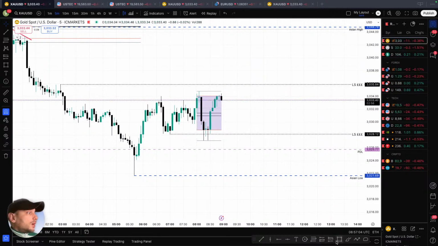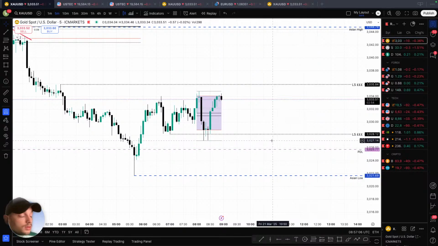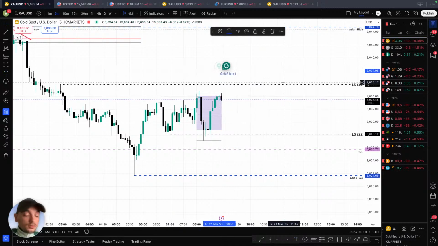So let's say you have a 10,000 account. I know this is very hard in the beginning, but risk management is everything, believe me. I'd suggest if you use live funds to risk 0.5% of your account. That's it.